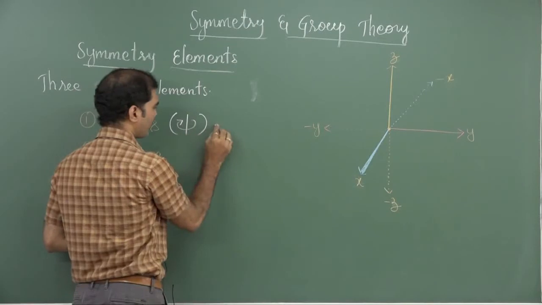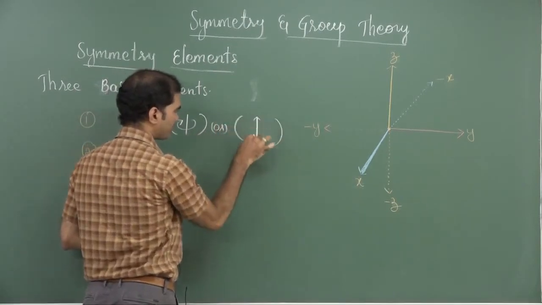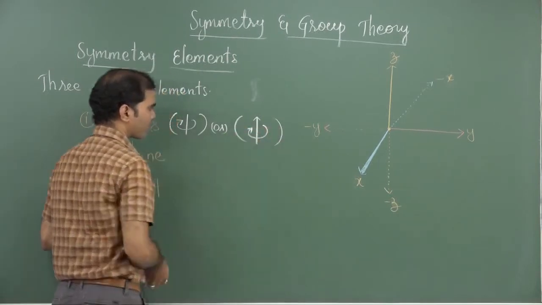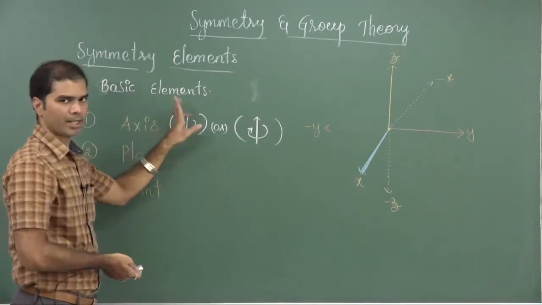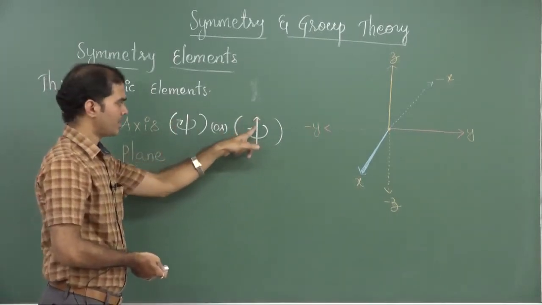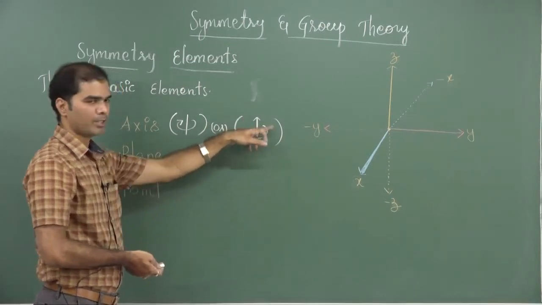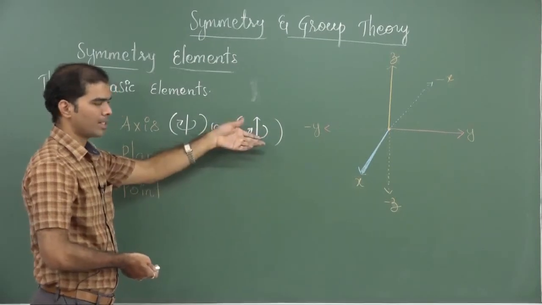Or you may also take an arrow, then you may show this. So this is a better convention, because when I just put this, it is considered a line. When I put an arrow, it is considered an axis. Over that axis, we can show a particular rotation. And once I am showing a rotation, it is considered an operation.